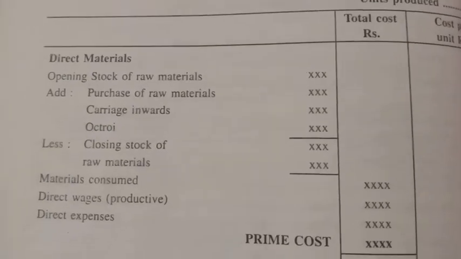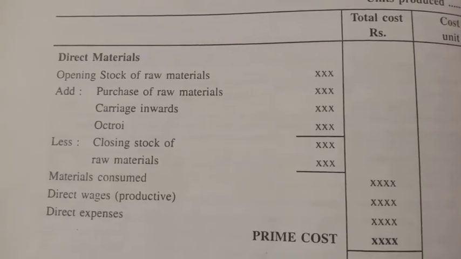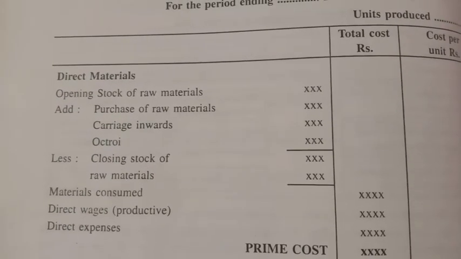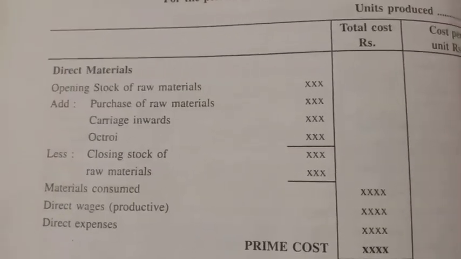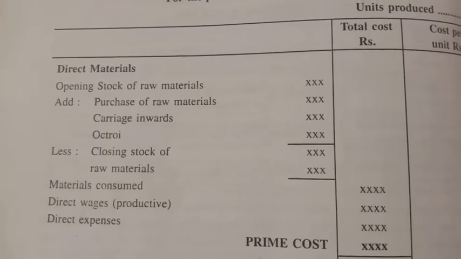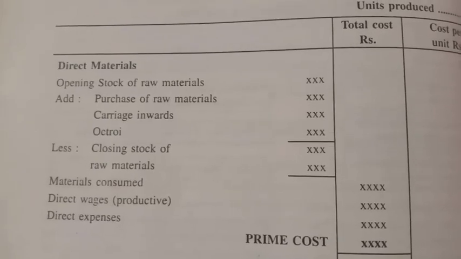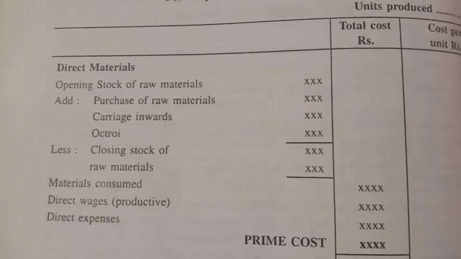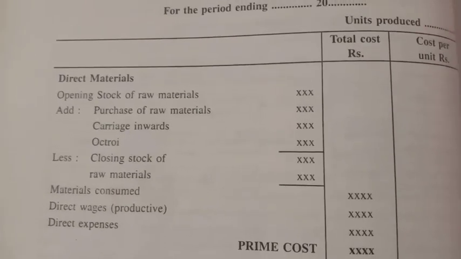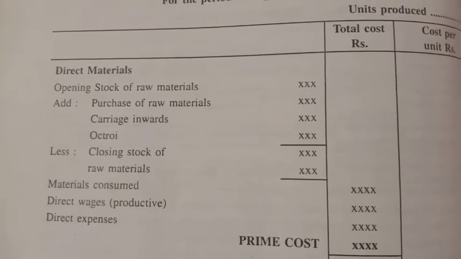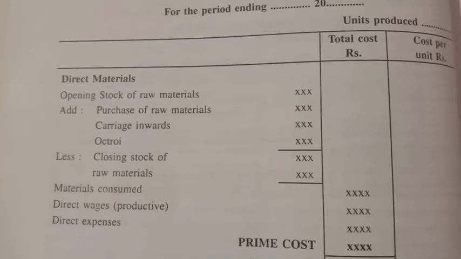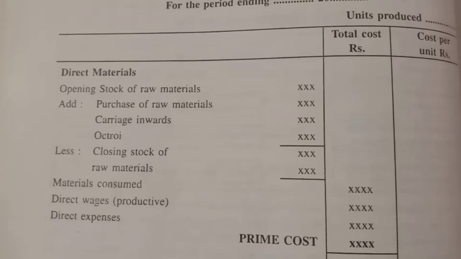If information is given about purchase of raw material, carriage inwards or octroi, all these expenses should be added to the opening stock of raw material. From that total, we deduct the closing stock of raw material. The balance you get, we take to the outer column and write it as material consumed.